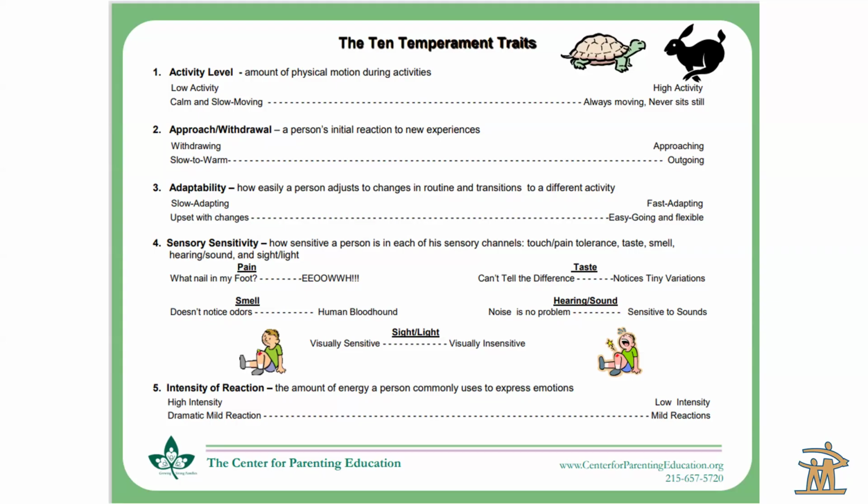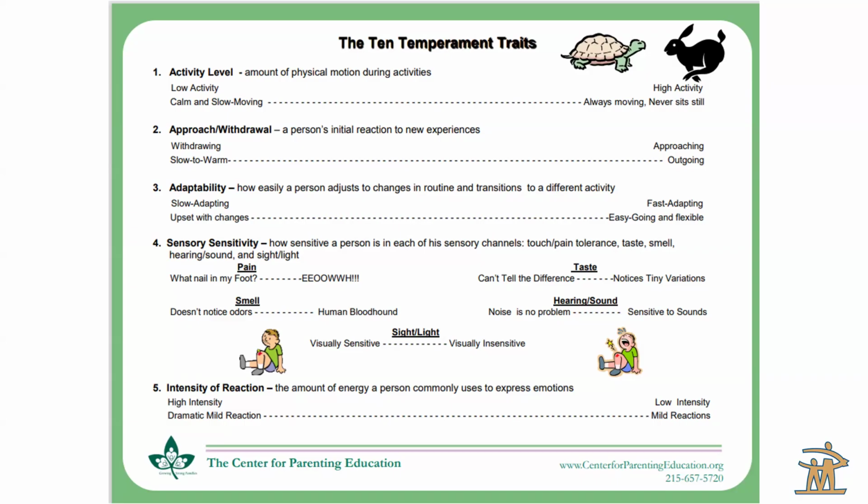So, activity level is the first temperament. It's the amount of physical motion during activities. Some kids have low activity, they're calm and slow moving, all the way through to high activity, always moving. They don't like to sit still. The next one is approach and withdrawal, a person's initial reaction to new experiences.